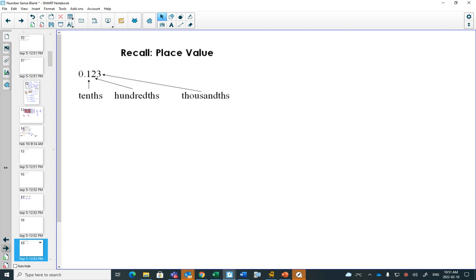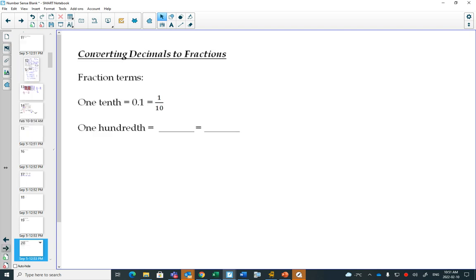Anyways, these are your tenths, your hundredths, your thousandths, and this allows us to change decimals to fractions. So if I have 100th, which would be 1 over 100, as a decimal, that's 0.01. I would have the 1 in the hundredths spot.